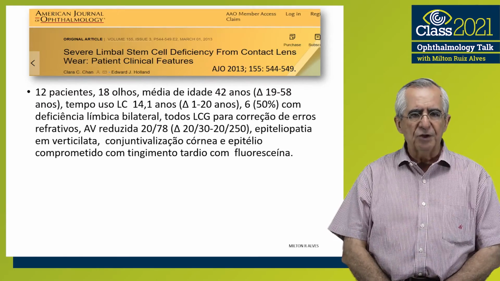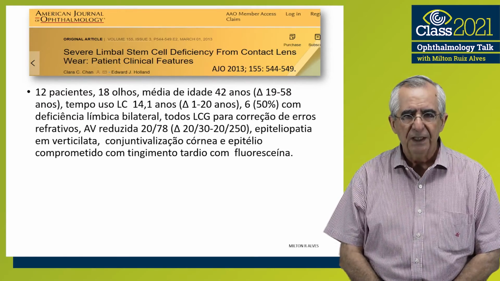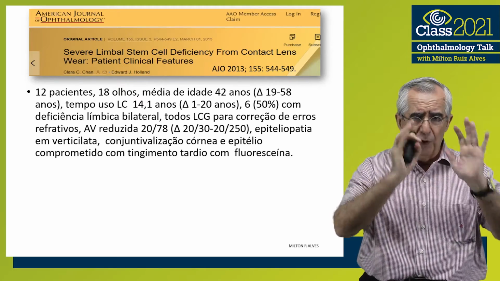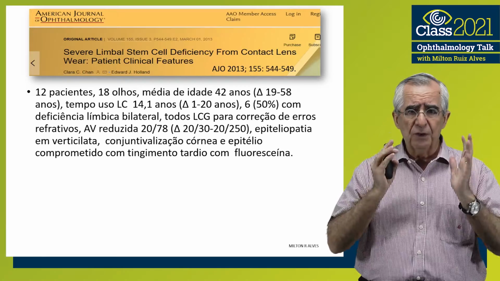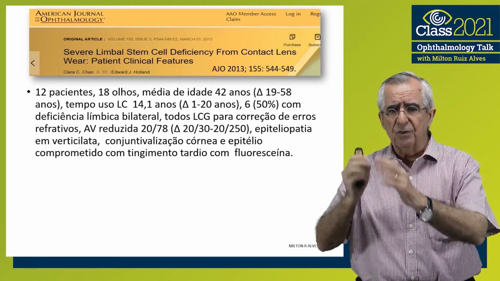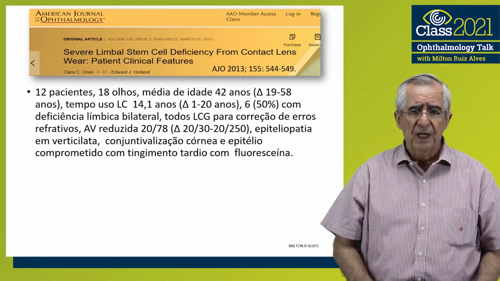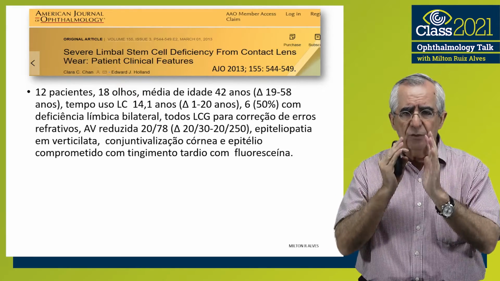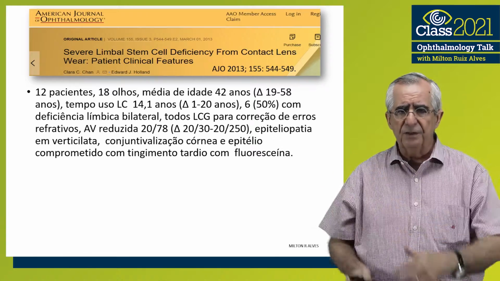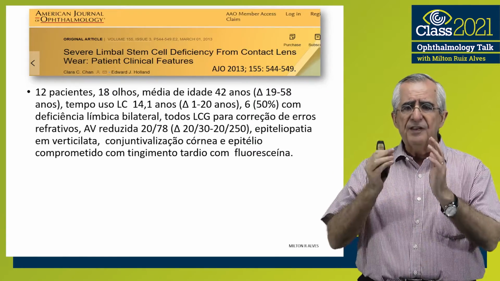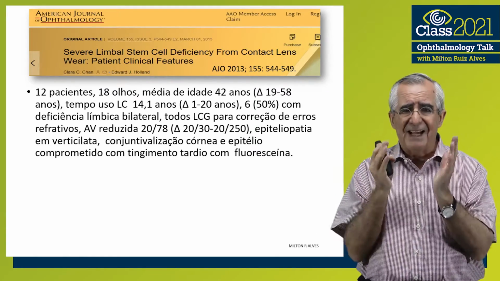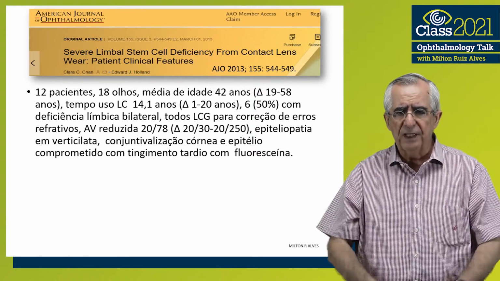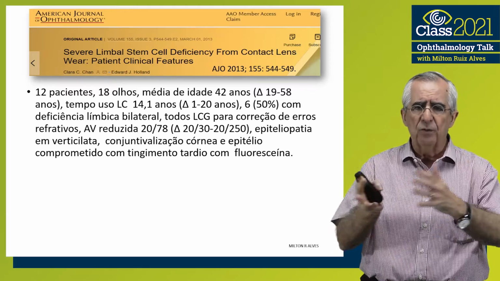The other work that I am going to draw attention to is Chan and Holland. They reported 12 patients, 18 eyes, a mean age of 42 years, ranging from 19 to 58 years old, and wearing contact lenses for 14.1 years with a range between 1 and 20 years. 6 of the patients, or 50% of them, had limbal stem cell deficiency, bilateral, wearing soft contact lenses to correct their refractive errors.